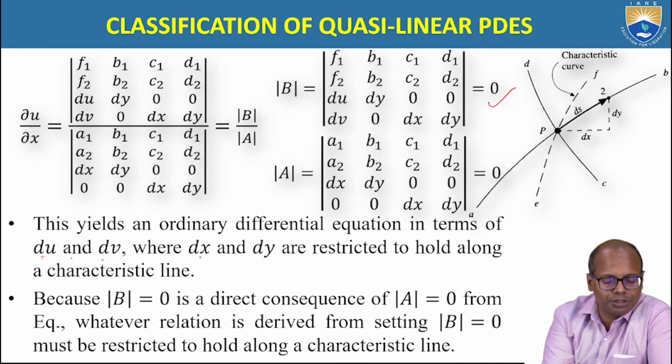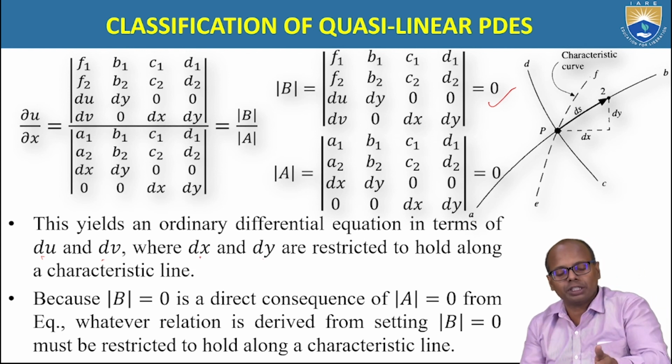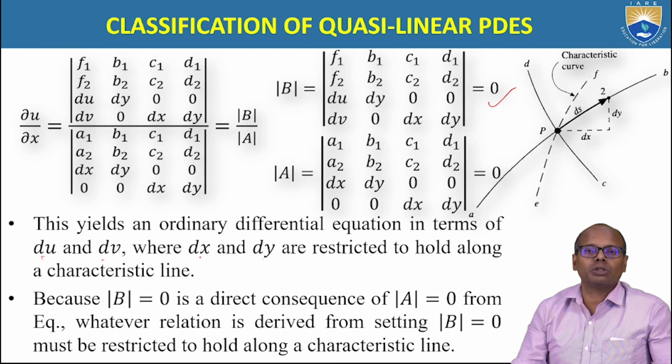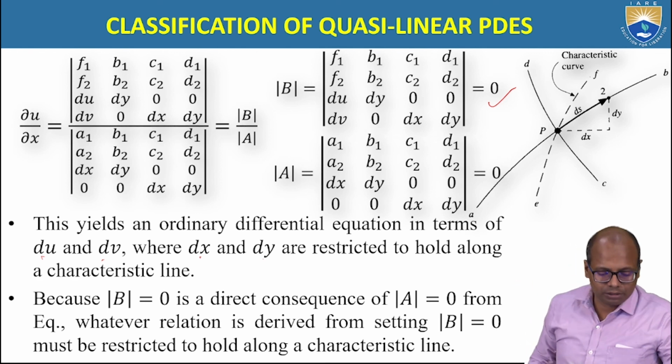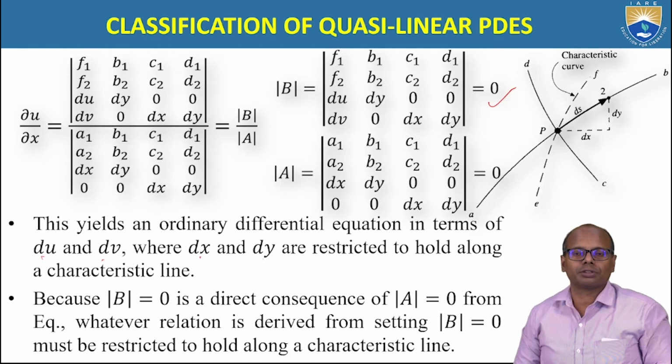What are the values of du, dv, dx, dy for which the curve will be a characteristic curve? If I use these two equations, then only I can restrict the curve to one. Otherwise, it can have an infinite number of curves. So this is about the characteristic curves.